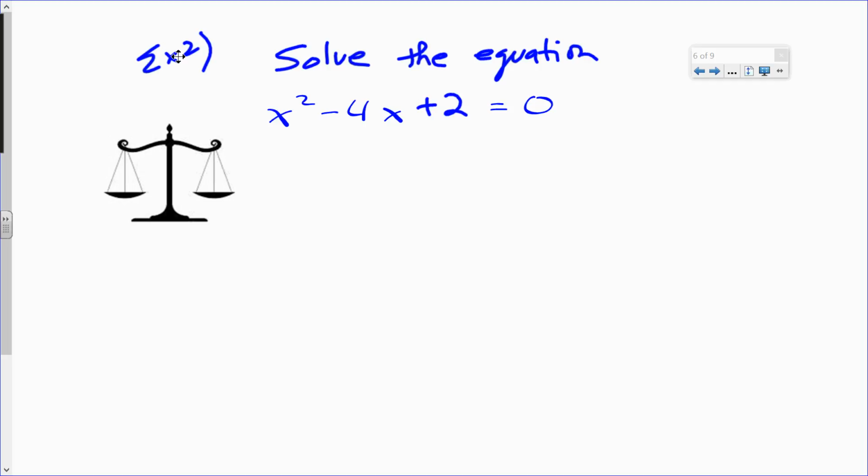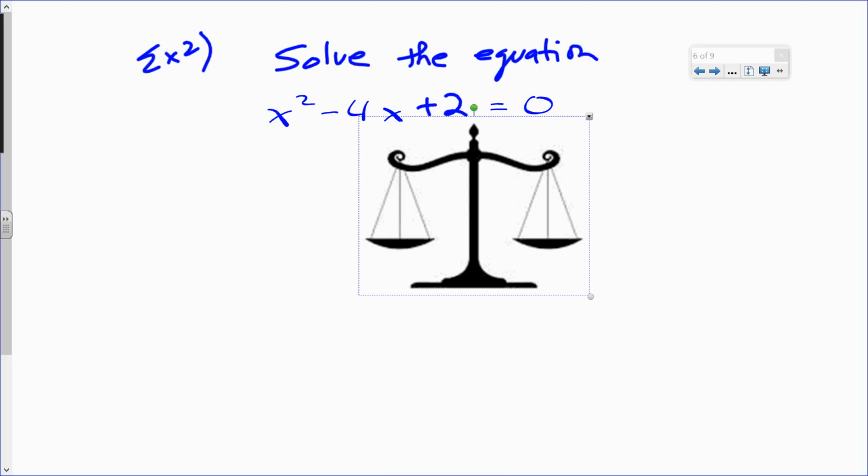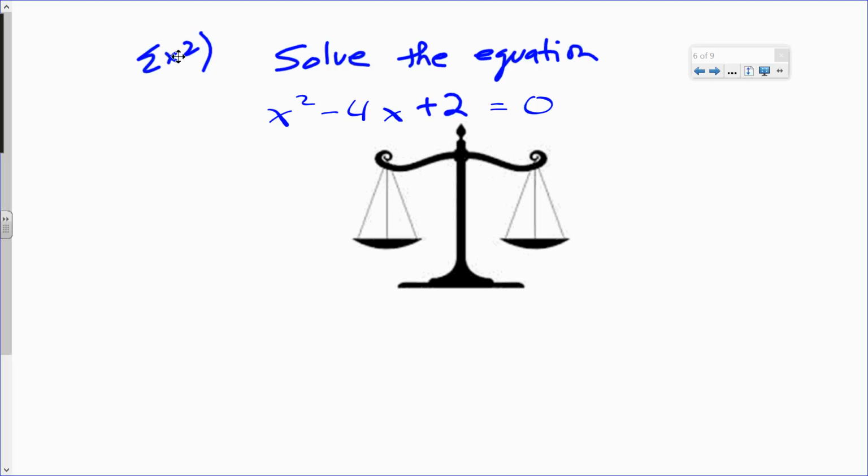Understanding the logic of an equation is kind of like a balance, right? When you have a balance, you can do whatever you want to the left side so long as you do it to the right side and the equation stays balanced. No matter what you want to do.